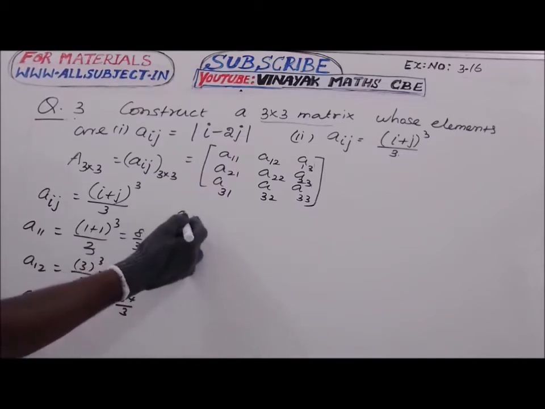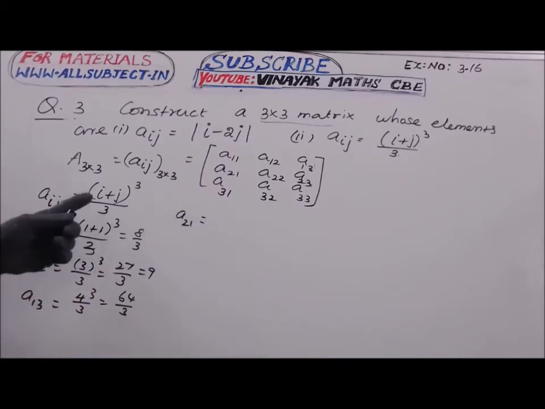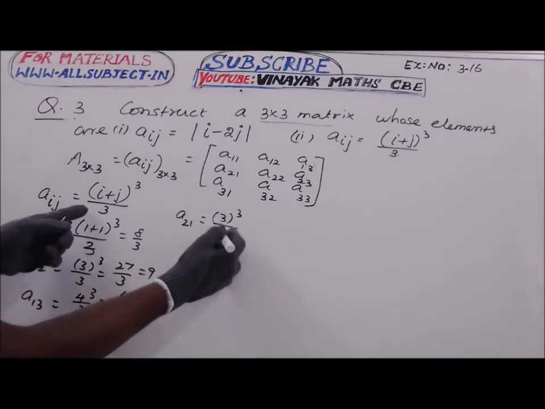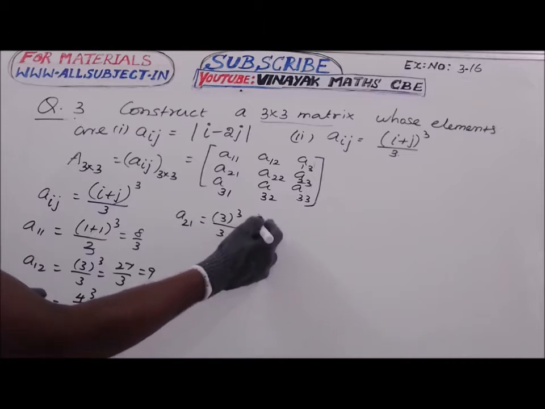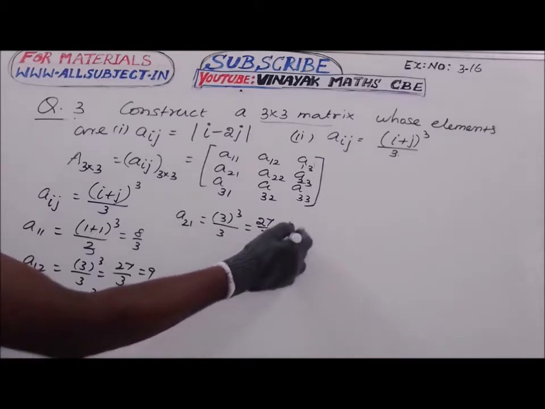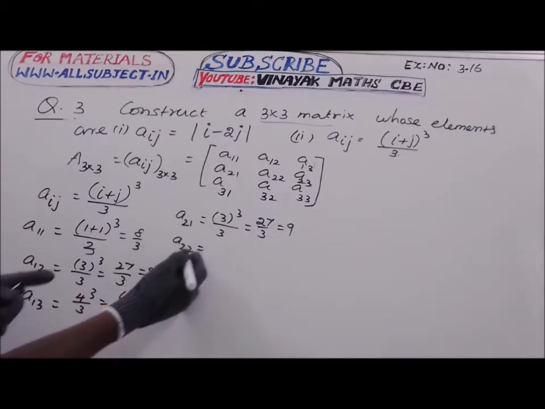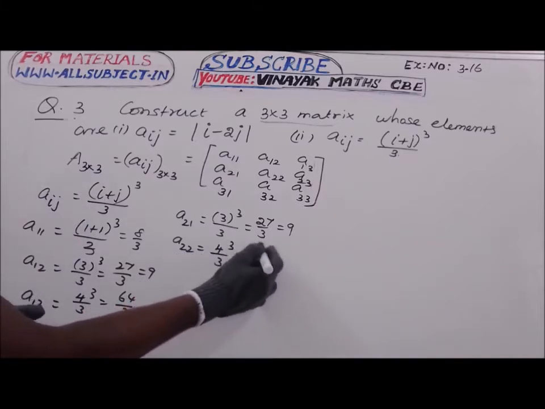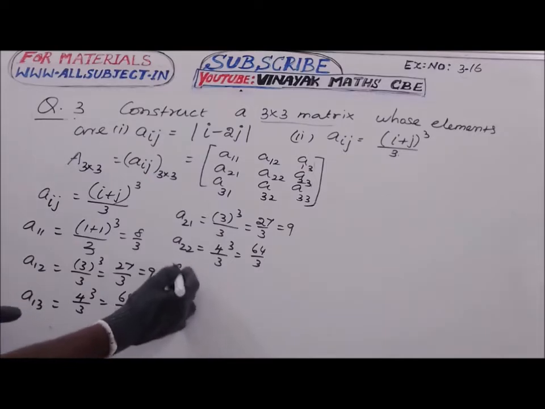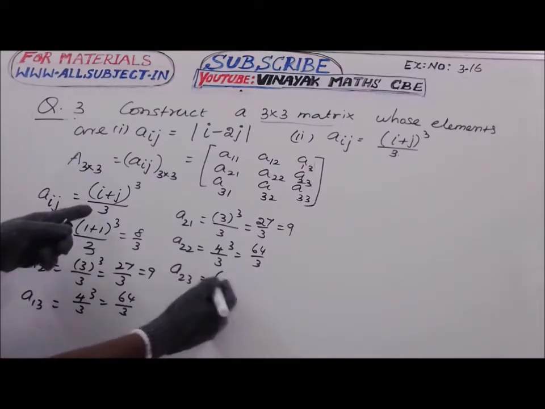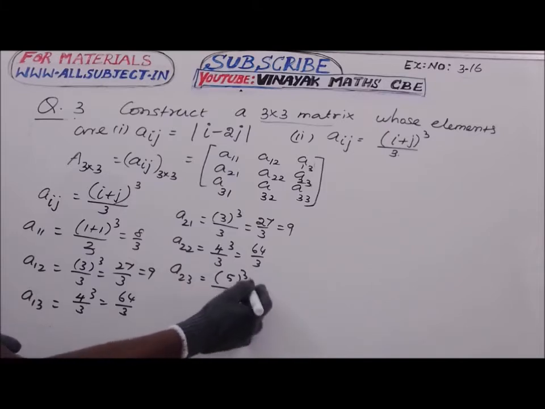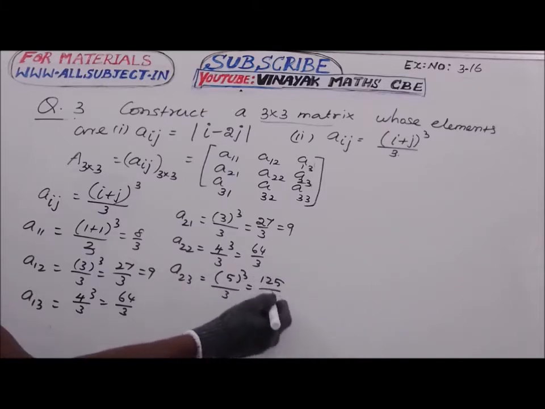And a21 equal to 2 plus 1 is 3, 3 cube divided by 3 equal to 27 by 3 equal to 9. And a22 equal to 2 plus 2 is 4, 4 cube by 3 equal to 64 by 3. And a23 equal to 2 plus 3 is 5, 5 cube divided by 3 equal to 125 divided by 3.